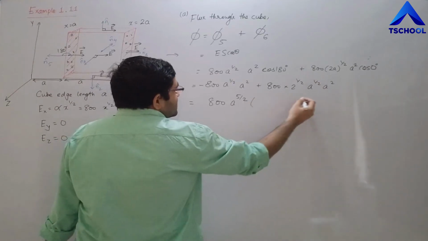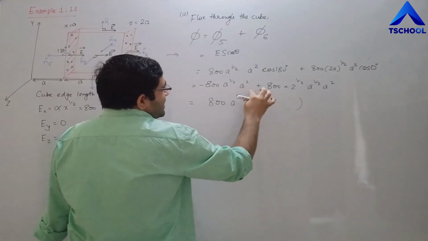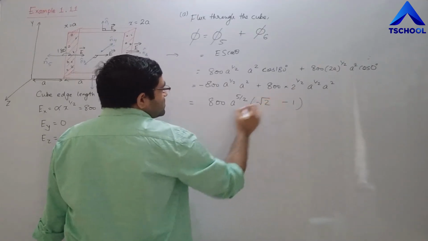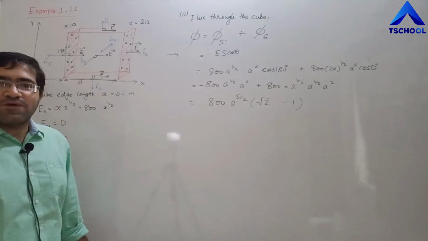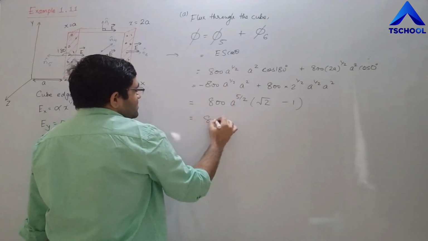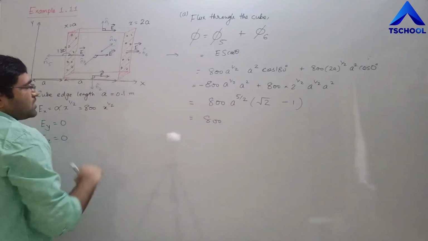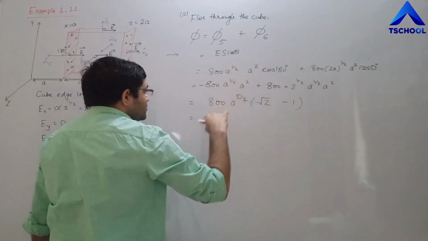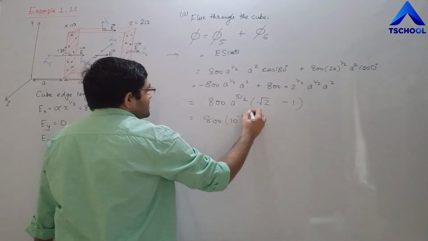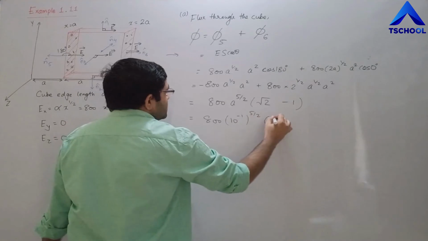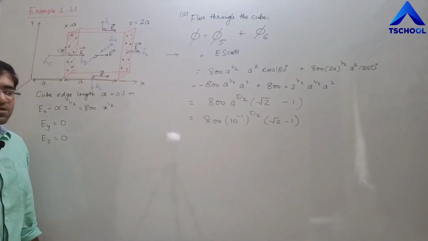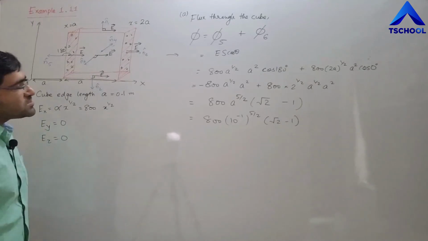What's remaining in the bracket? Well, this is gone, minus 1, and over here 2 raised to half, that is root 2 remains. And now I can put the value of a, right? So that is going to be 800 into a's value is 0.1, right, raised to 5 by 2. So 10 raised to minus 1 raised to 5 by 2 into root 2 minus 1, right? Okay. So well, this is the answer we get.